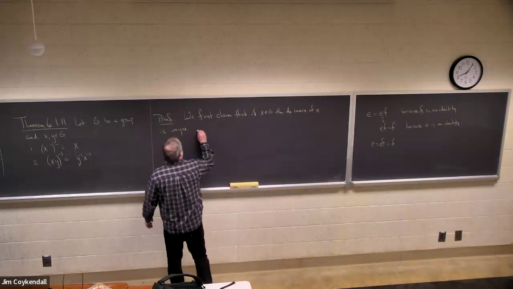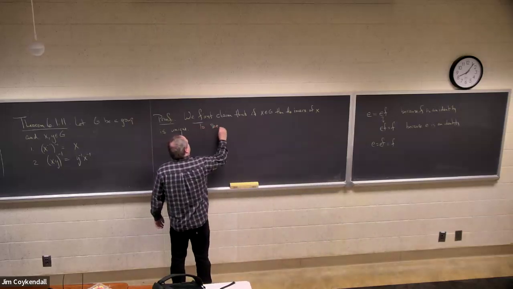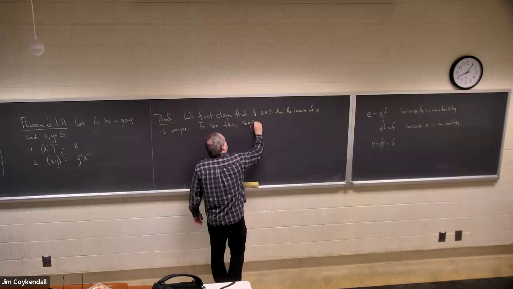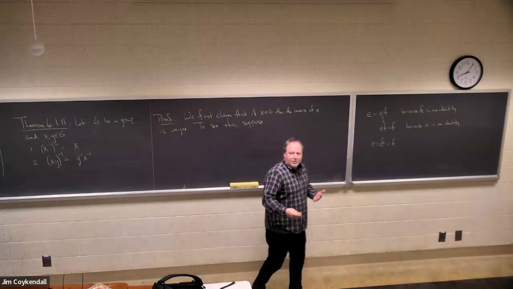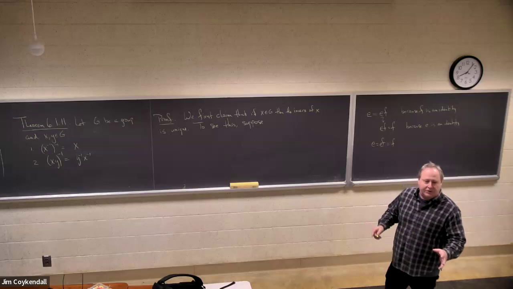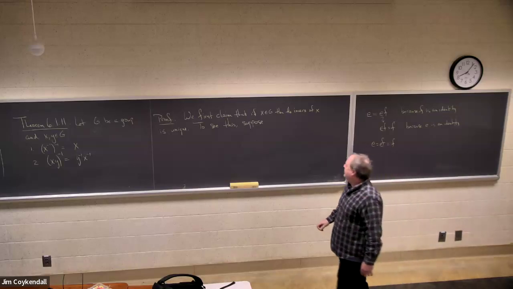So let's suppose it's very similar to the last attack that we had on the identity. Let's suppose we have two inverses and show that they're the same.